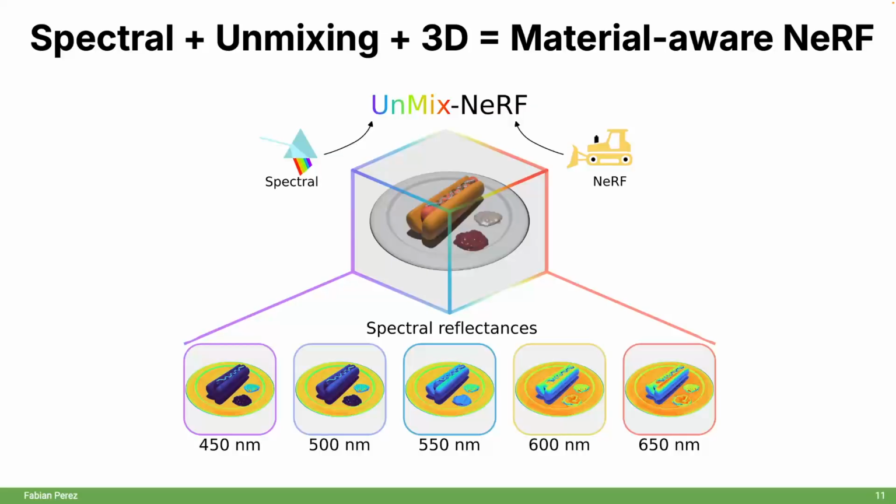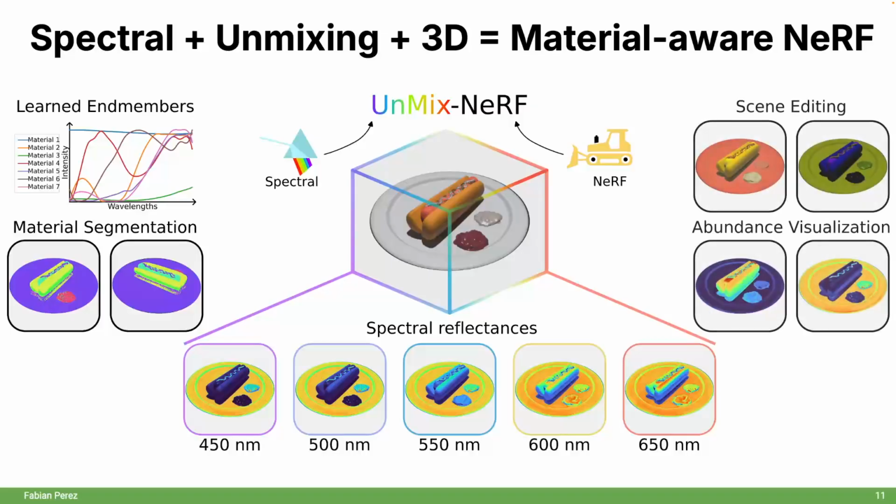So, we are the first work to include spectral unmixing modeling within the NeRF framework. This allows us to improve spatial and spectral rendering, perform unsupervised material segmentation by using the abundances vector, and perform editing using the learned endmember dictionary.